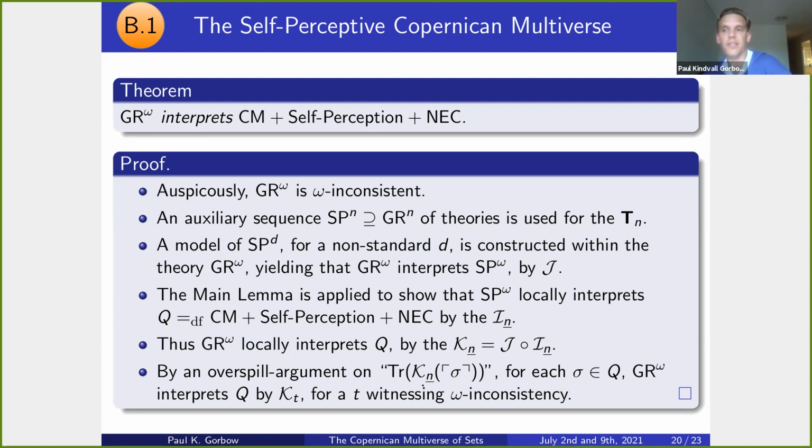And so you could actually get away without using the truth predicate here, because since it's just one axiom, you're able to just do an overspill argument. But this technique is more general, so it can be applied also if we would have a schema of infinitely many sentences and not just this one axiom, self-perception. So it shows the power of working with a theory like GR omega, where you have access to a truth predicate.